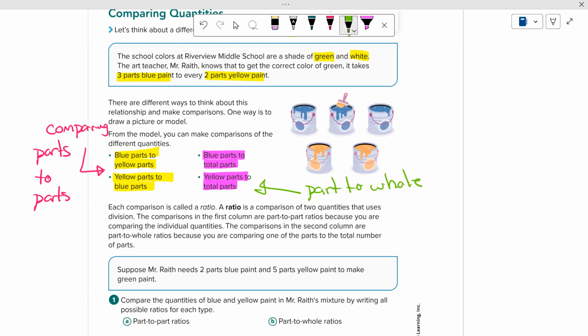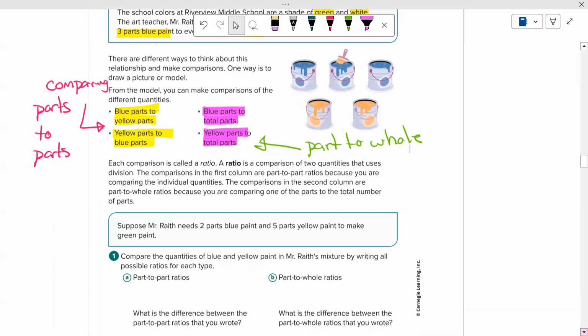Remember, parts to parts is what the 2 parts take to make a whole. So in this case, blue and yellow will make a green. So those are parts of green. Blue to total parts means it's taking only the part of blue, and then it takes the whole, which is the blue and the yellow. Those are 2 key words that we're going to have to pay attention to, parts to parts and parts to whole. But it's very clear which is which if you read very carefully.